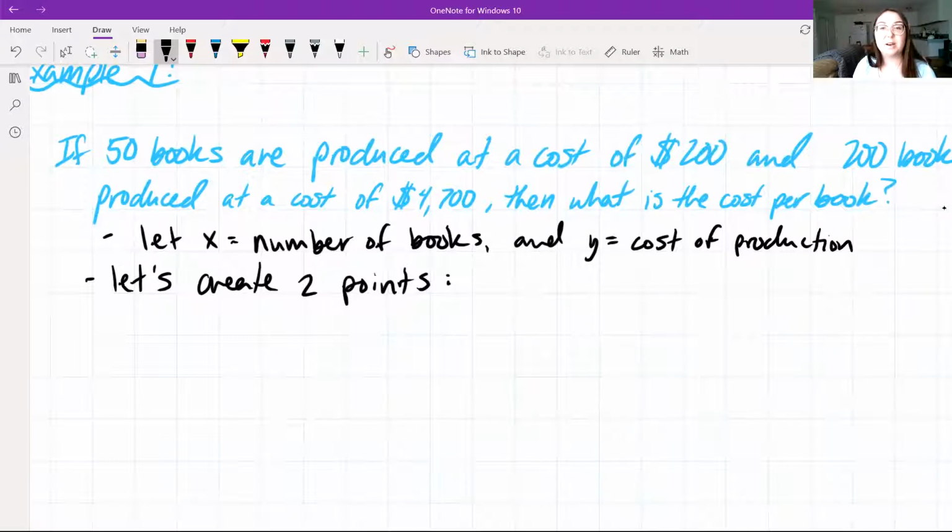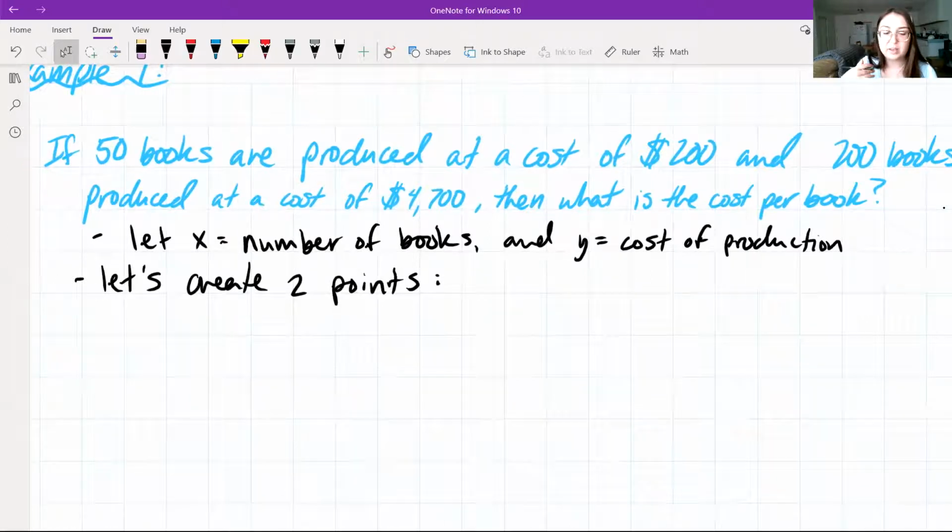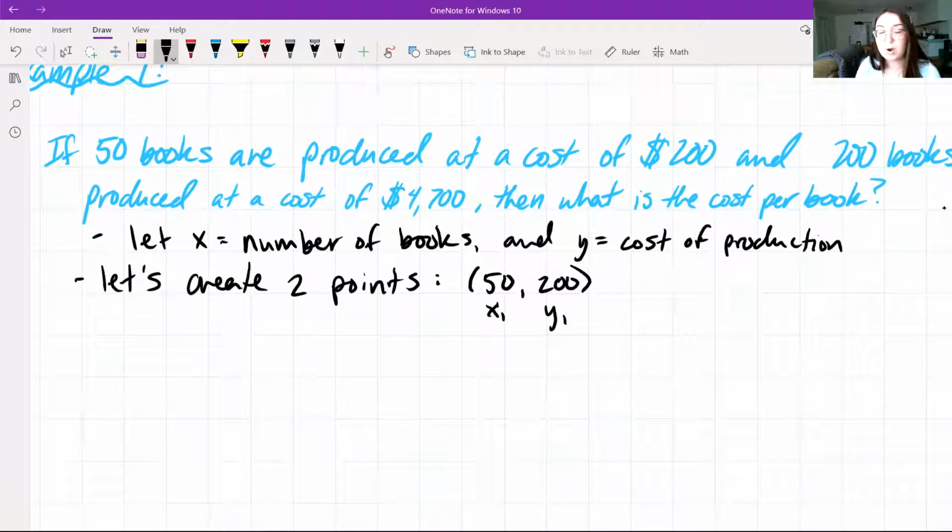If 50 books are produced at a cost of $200, our first point here is going to be 50, 200, and this will be x1, y1.